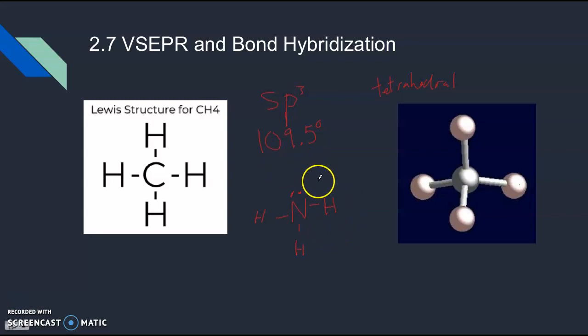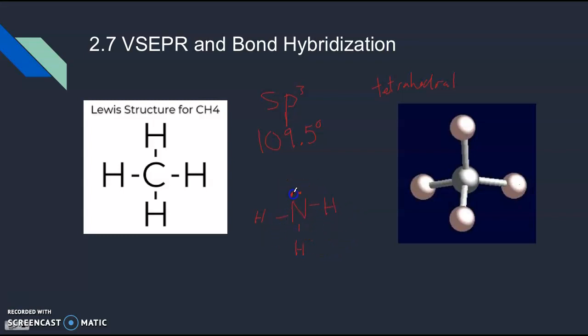The bond angle for this between the hydrogens would be slightly less than 109.5. You don't have to know the exact bond angle. When they correct the AP test, they give you a little bit of leeway. And it's usually within a range of like 10 degrees. So if you just said everything that has sp3 hybridization has a bond angle of 109.5 degrees, you'll be okay. Technically, it's 107.5 for this bond angle.